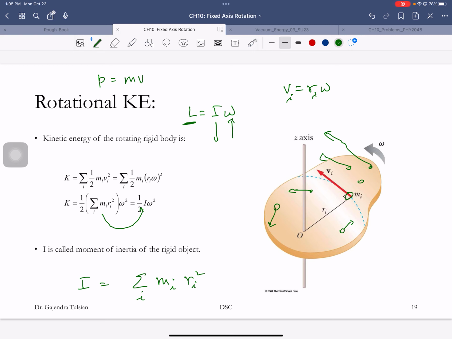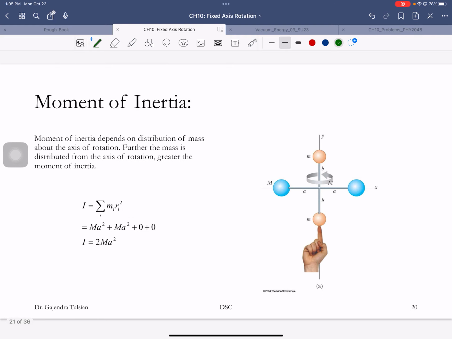So the moment of inertia of an object depends on the mass of the object and on how the mass is distributed about the axis of rotation. A given object can have only a single mass, but an infinite number of moments of inertia, depending on how the mass is distributed about the axis of rotation.